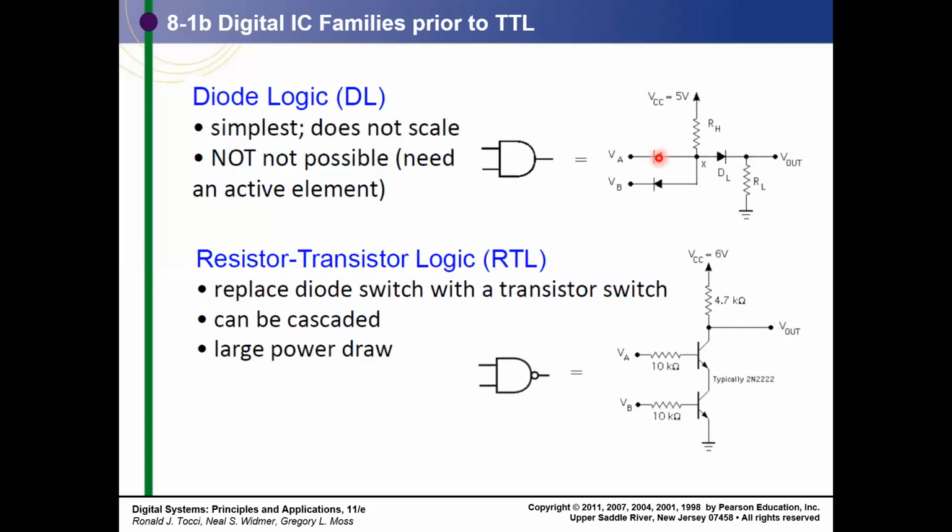If any one of them is logic low, then the corresponding device will turn on, and this voltage will get sunk through that node. And this device will not, because this is only one drop higher, it will remain at 0.7, and this 0.7 will not be enough to make this go high.